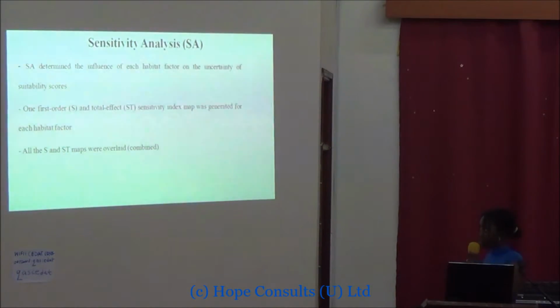So to find out those factors, I carried out a sensitivity analysis and came up with a first order index and total effect index map for each factor. So for sensitivity analysis, the maps would show me the most important factors that contribute to these uncertainties.